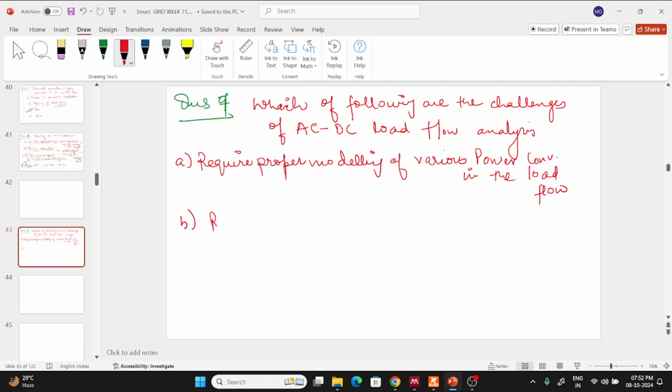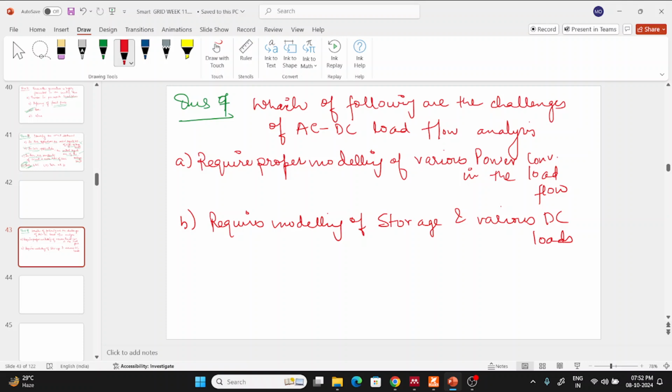B: Requires modeling of storage and various DC loads.